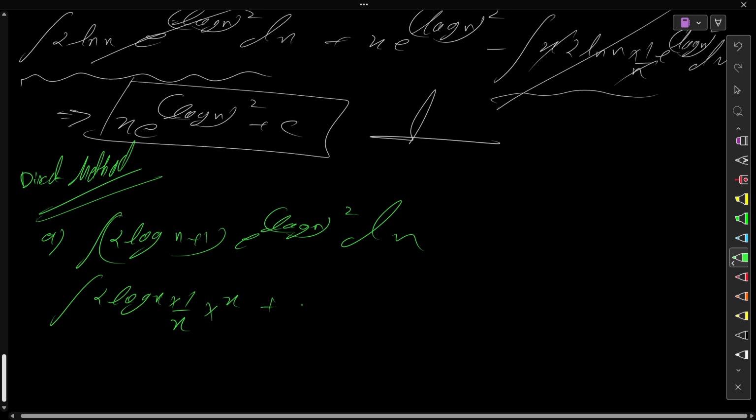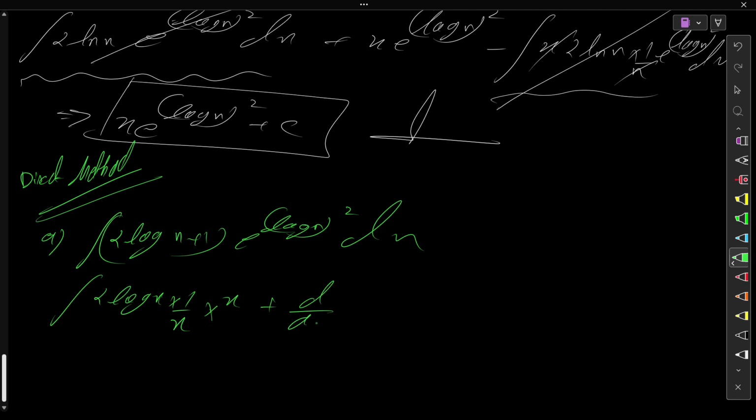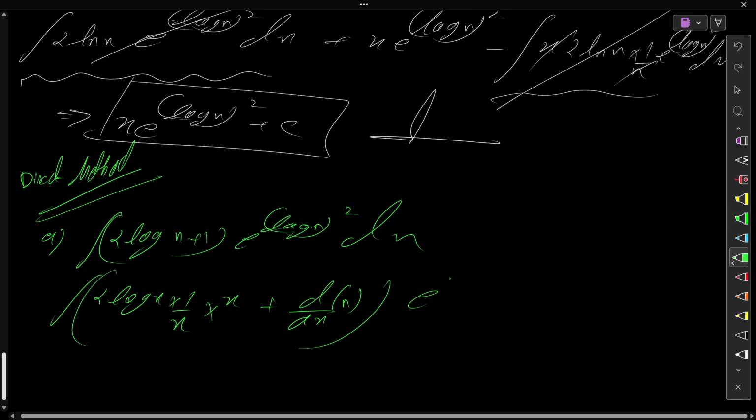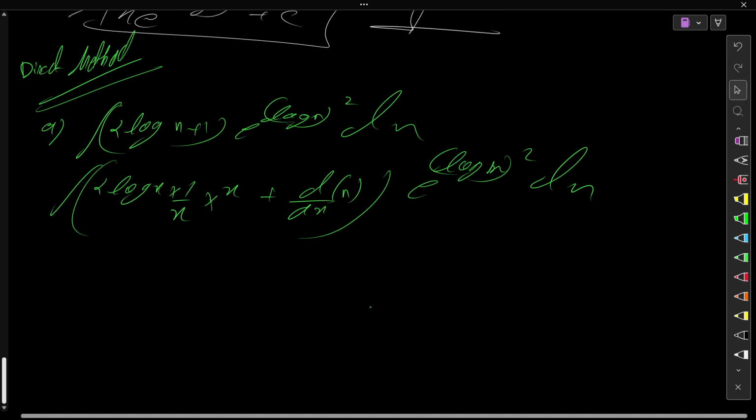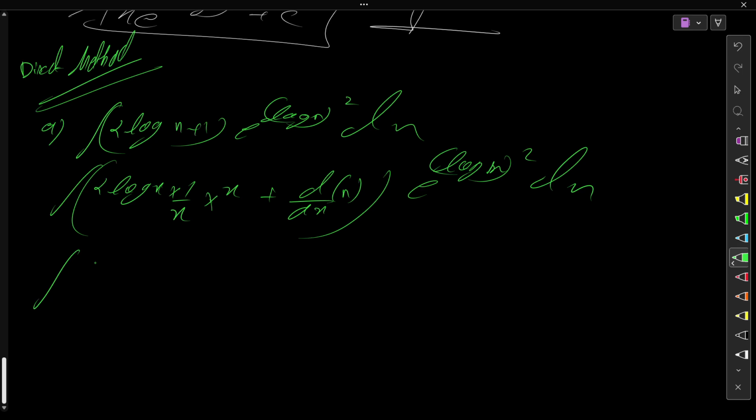Now, plus the derivative of x, times e to the power of (log x) whole square dx. So from here I can conclude that this could be written as x e to the power of (log x) whole square.